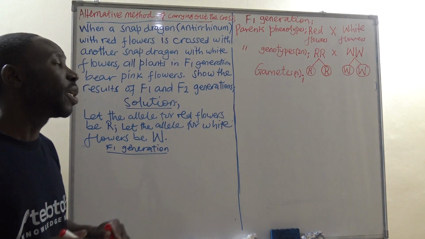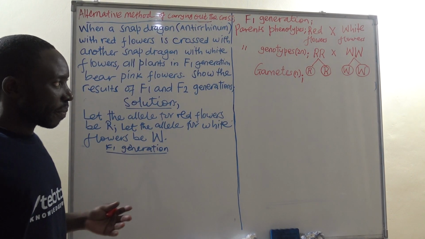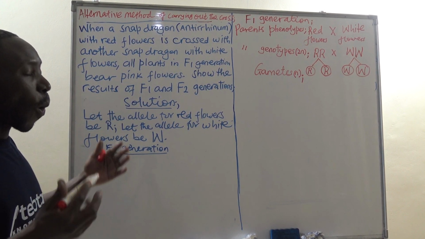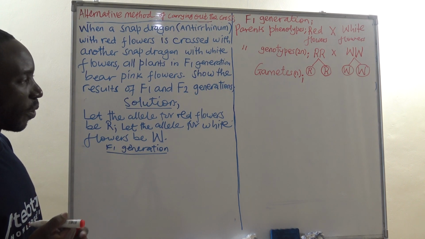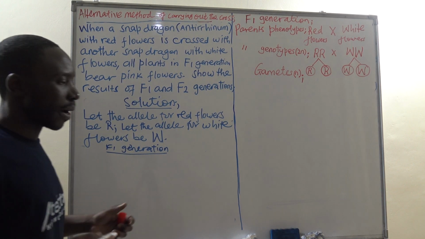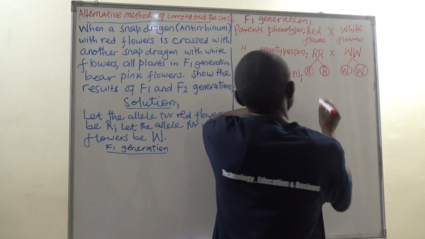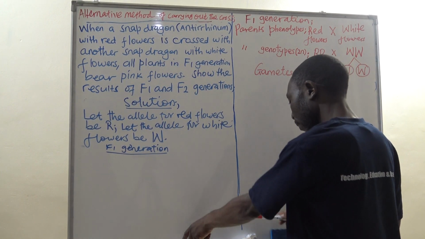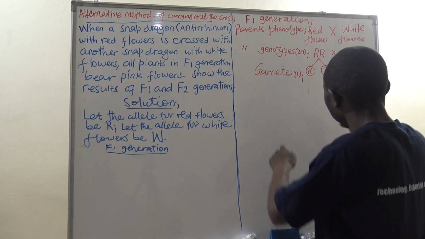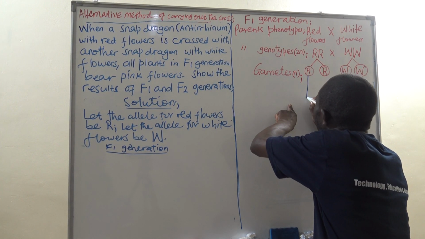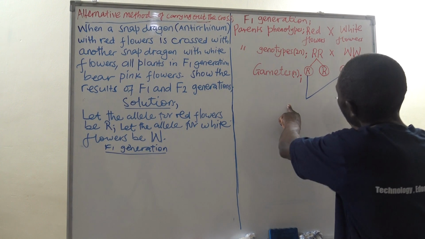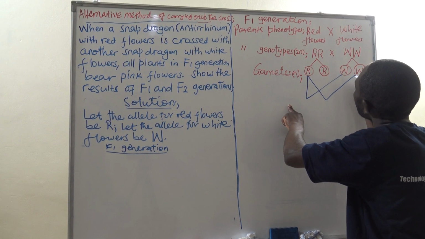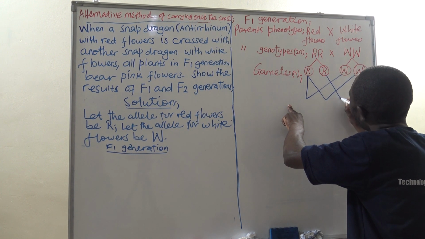Then next will be crossing. The genes can combine or fuse during fertilization, which is random, whereby we shall make cross lines as shown on the board.